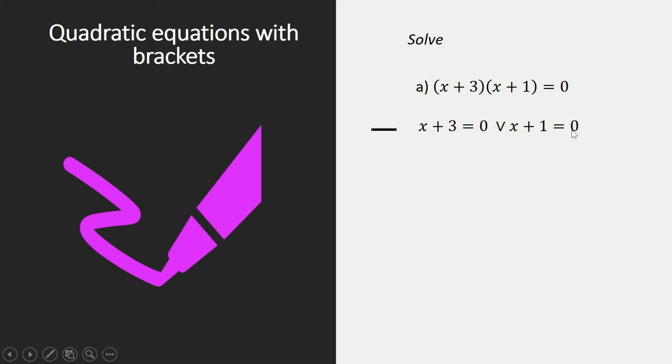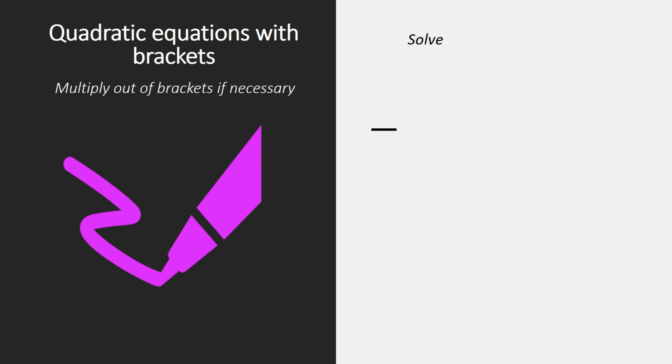So we know x plus 1 equals 0. Then you're going to use a balance method. So you know x equals minus 3 or x equals minus 1. You may skip the second part while doing your exercises, but you need to write the last step down, of course, because that's your final answer.